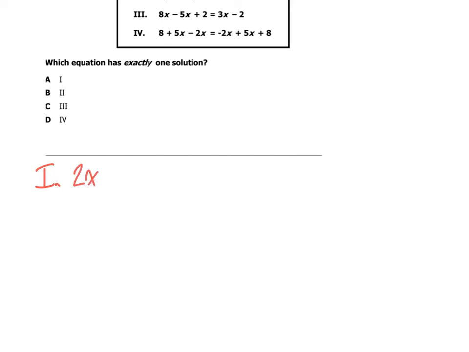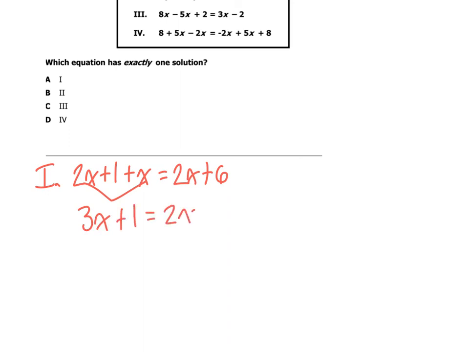2x plus 1 plus x equals 2x plus 6. We don't have to distribute, so I don't have to do that step. Now I'm going to combine like terms. 2x plus x gives me 3x, so 3x plus 1 equals 2x plus 6.